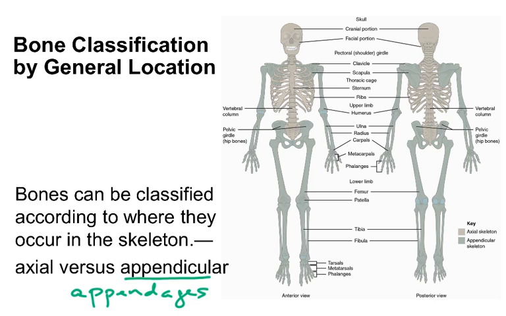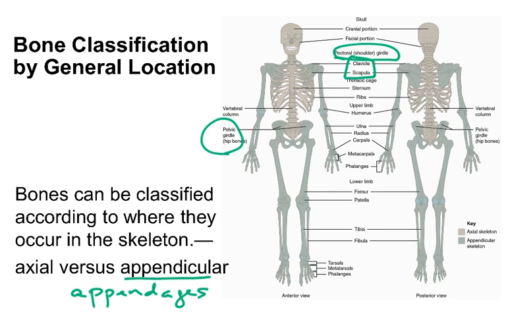So the bones of our appendages, as well as what are referred to as the pelvic girdle, which is the hip bones, and the pectoral or shoulder girdle, which includes the scapula or shoulder blade and the clavicle, right? The bones of the upper arm join with the clavicle and the scapula.